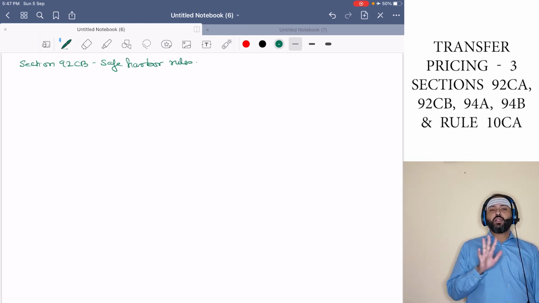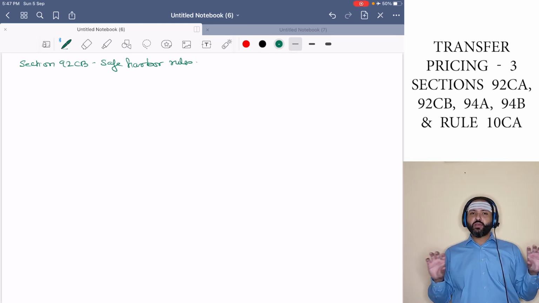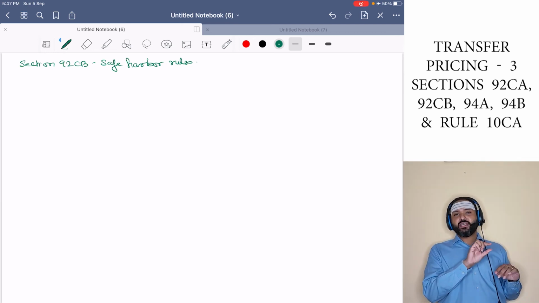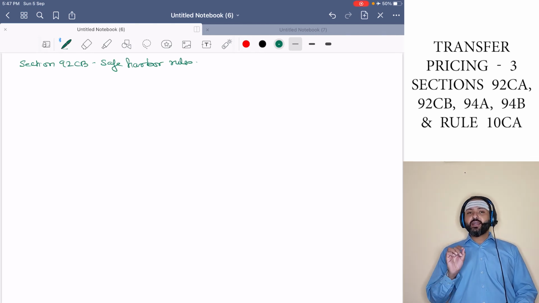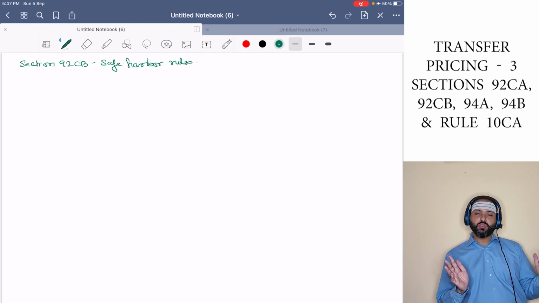So CBDT wanted to have some sort of a standard in place. CBDT wanted to have a specific price which was going to set a standard, or a benchmark as to what is the correct price that needs to be charged. So they came out with something called safe harbor rules.